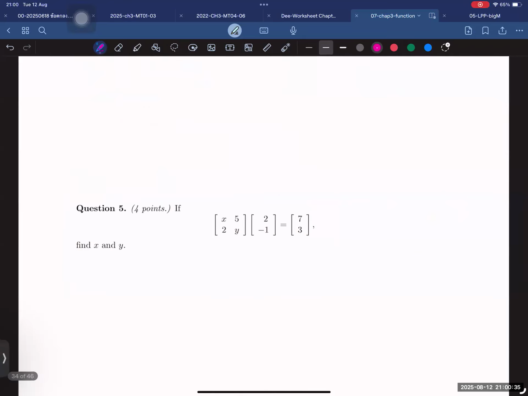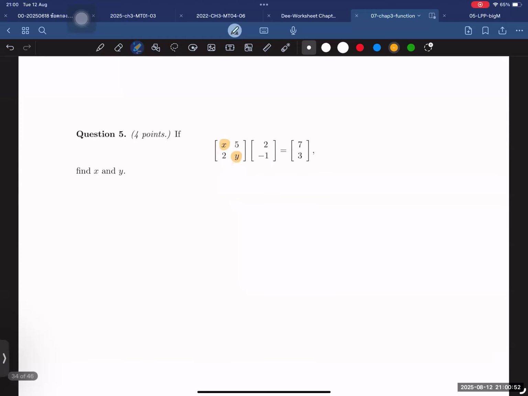Now, number 5. If the system is like this, we want you to find x and y. What is x and y? There may be many ways to solve. Maybe you can do the Gauss elimination again, or maybe you can just multiply this and then check what's going on.